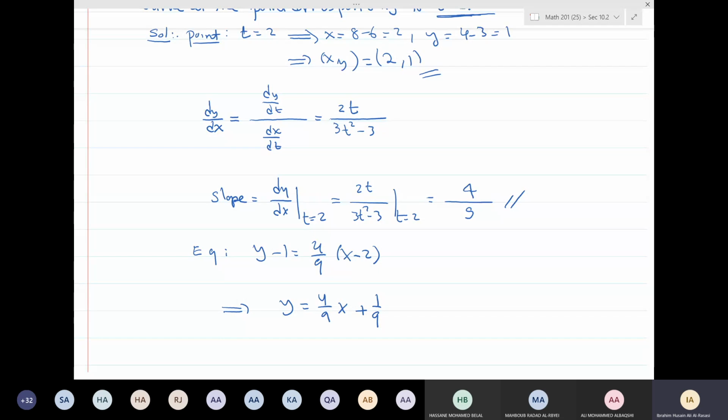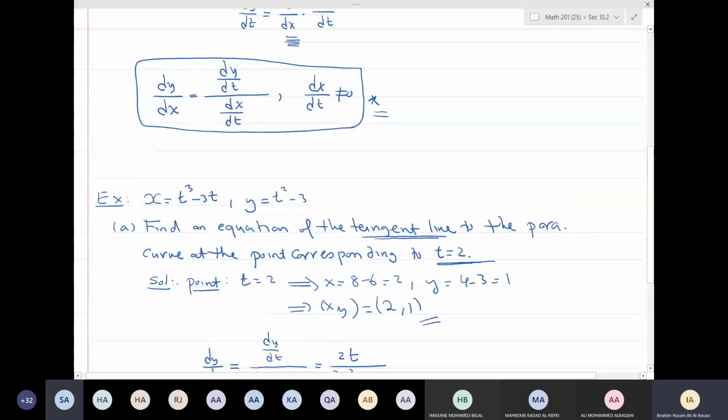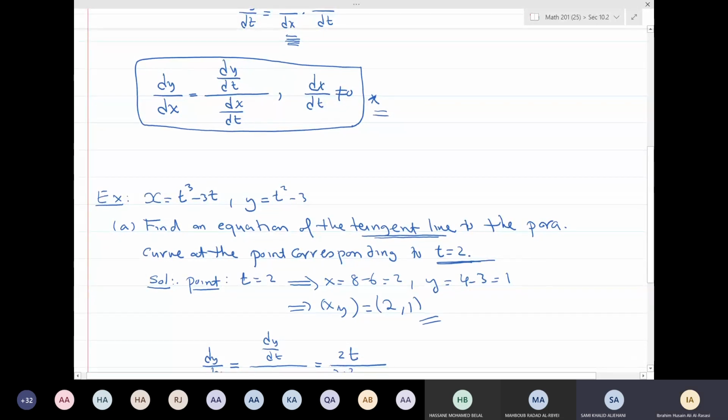Okay. Any question? Doctor, when he says find an equation, shouldn't it specify whether it is Cartesian or parametric? Usually, if it is not specified, it means Cartesian. Yes, it is better to specify, but here it is left as Cartesian.